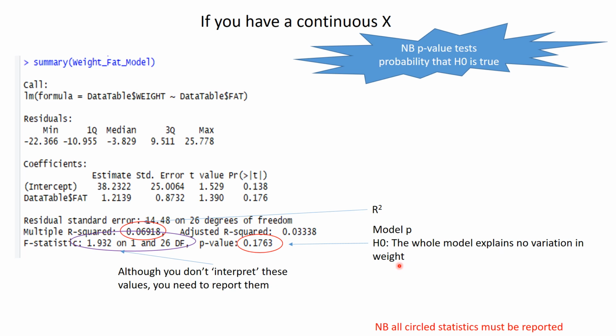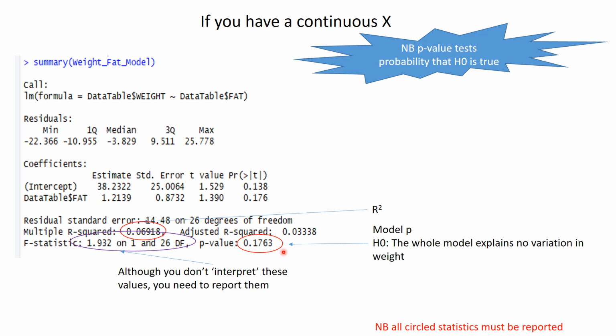Okay, 17% is a fairly small amount, but usually we use 5% as the cutoff, or a probability of 0.05. So as long as this value is larger than 0.05, we cannot reject the null hypothesis.